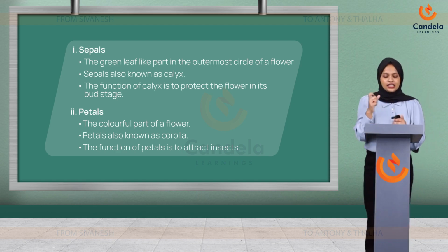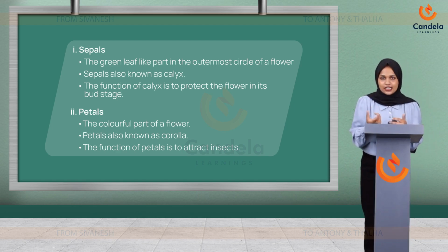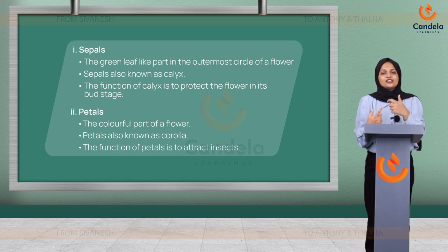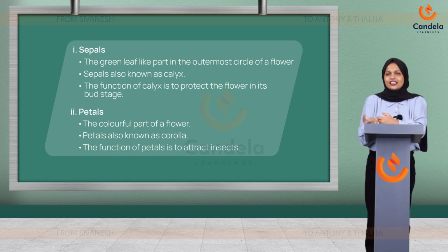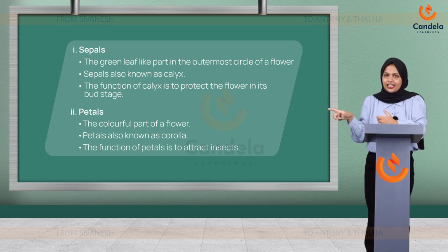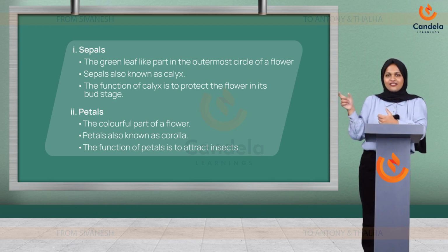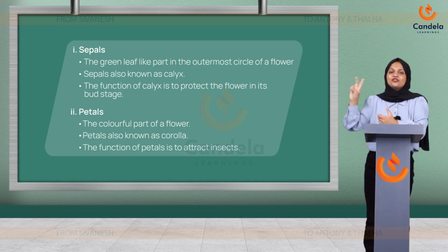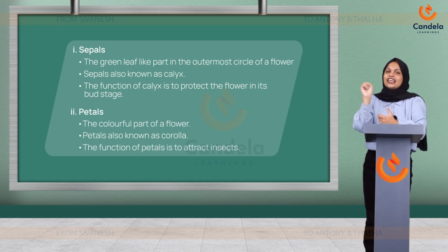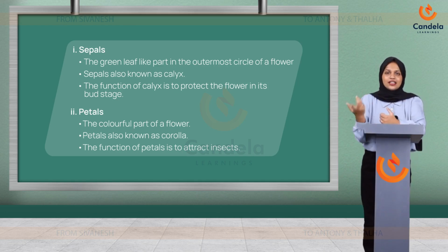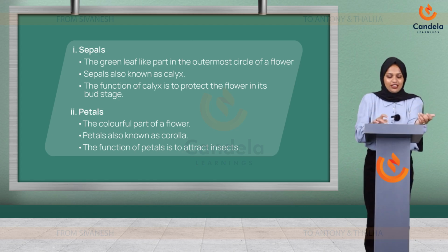It is to protect the flower in its bud stage. It also has another function: the sepal is green in color, which means it contains chlorophyll, so it helps in photosynthesis. So it has two main functions: it helps in photosynthesis, and it protects the flower in its bud stage. That is all about sepal.